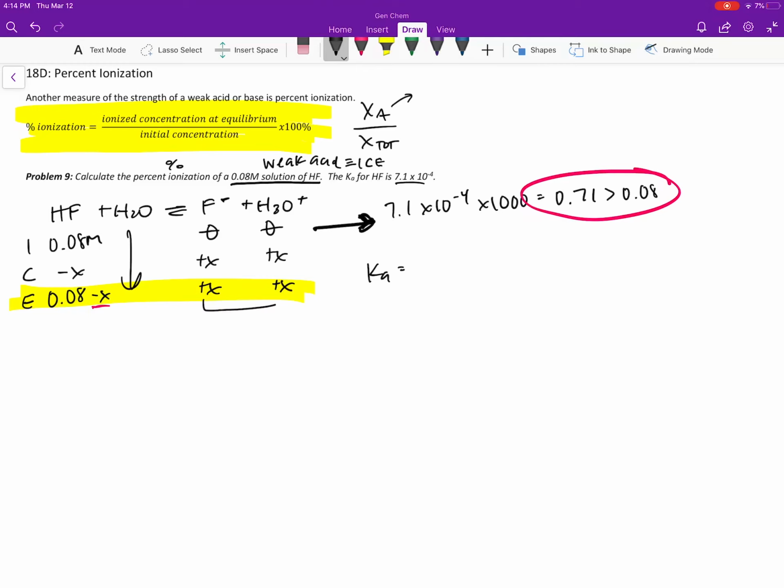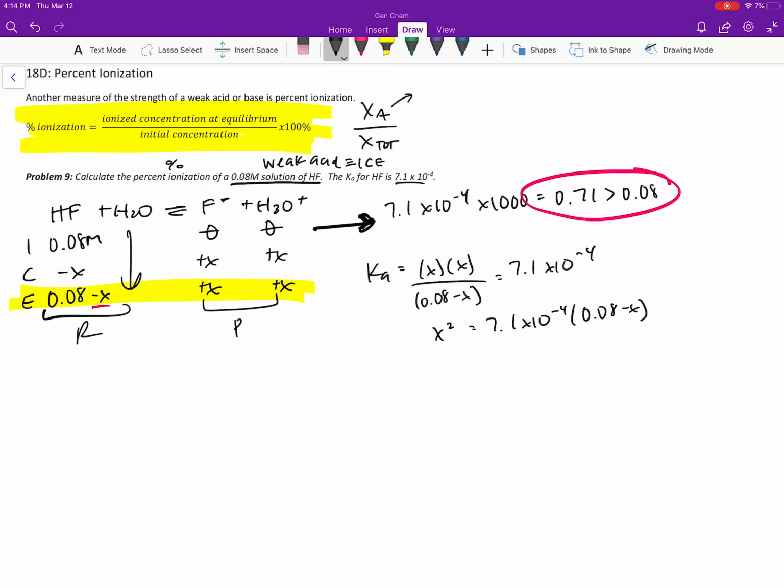So I'm going to take products divided by reactants, keeping the minus x in my expression. And what this is going to lead to is a quadratic. So I'm going to start unpacking the problem, if you will.